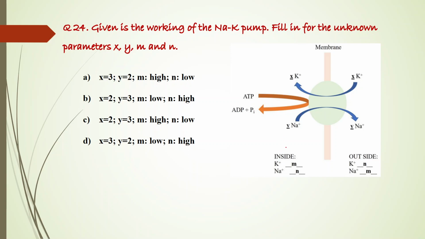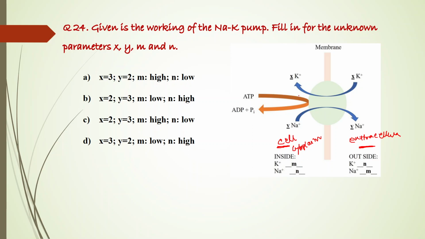The left side is your inside. This is the cell, and the inside I am writing as cytoplasm, and the outside is extracellular. We all know inside the cell K plus concentration is high.